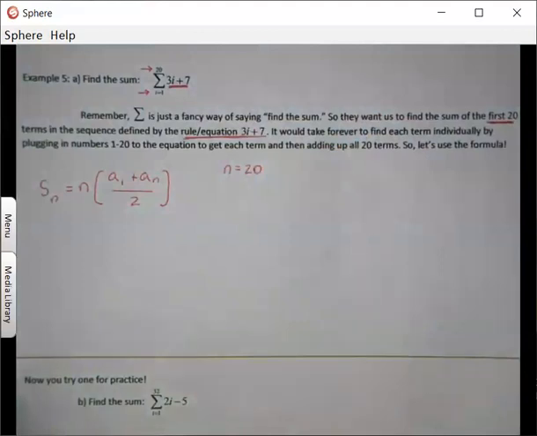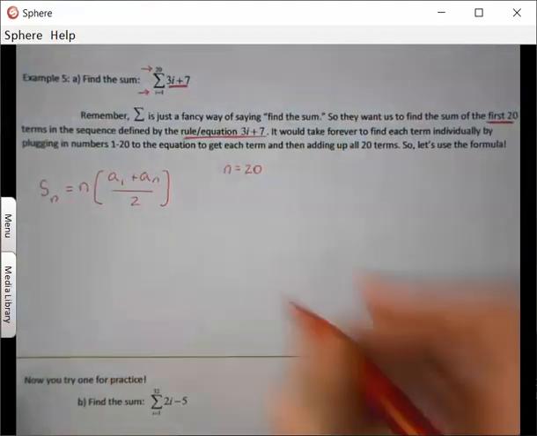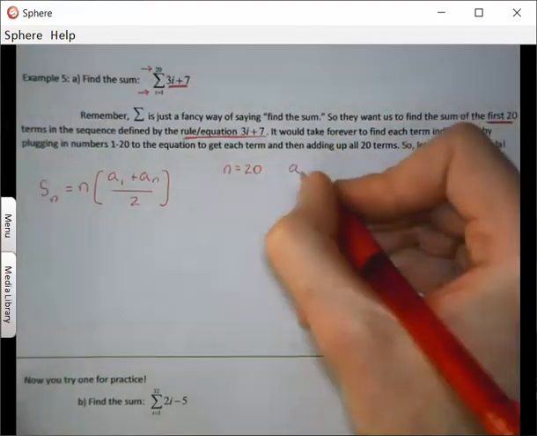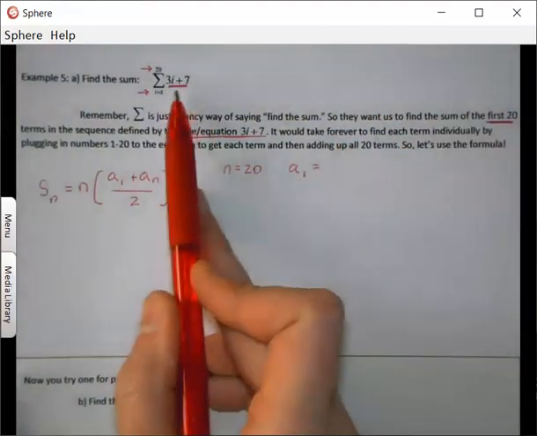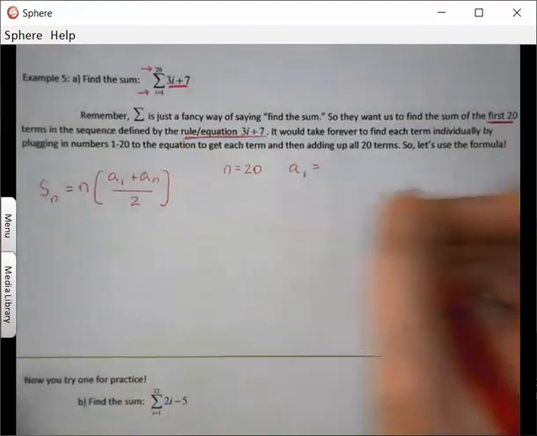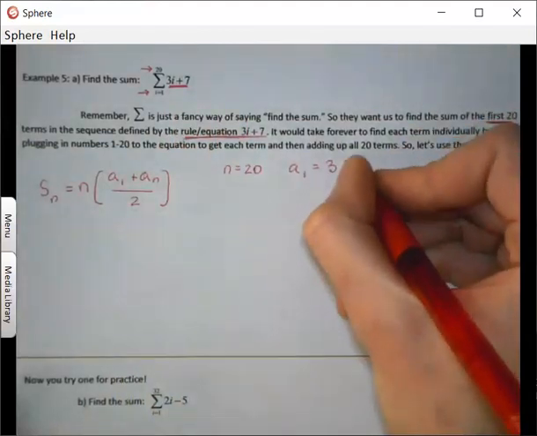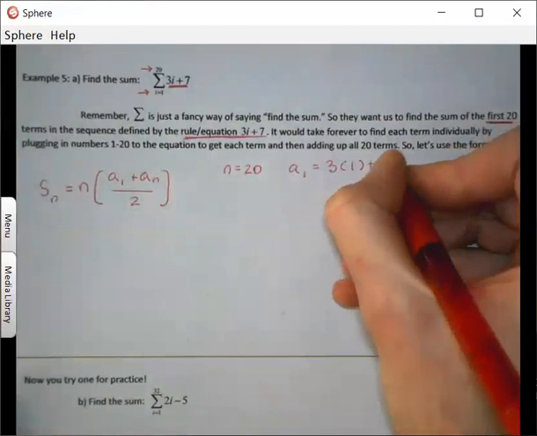We need a sub 1. So a sub 1 is going to be equal to, now, like we did with the graphing, once we have a rule for our sequence, we can just use the rule. So that's our rule. So a sub 1 is going to be equal to 3 times 1 plus 7.